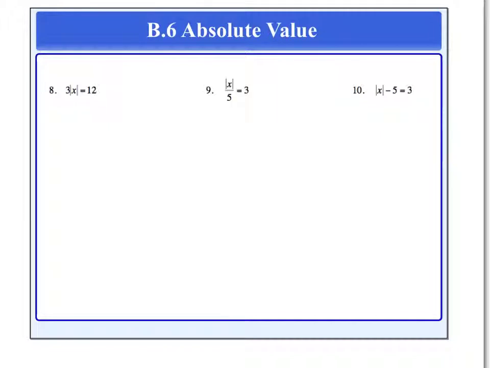Now here, we're going to get to problems that require more than one step. Our goal is to get the absolute value of x by itself. So just like when we were solving our one-step, two-step, multi-step equations, we want to get x by itself, in this case absolute value of x.